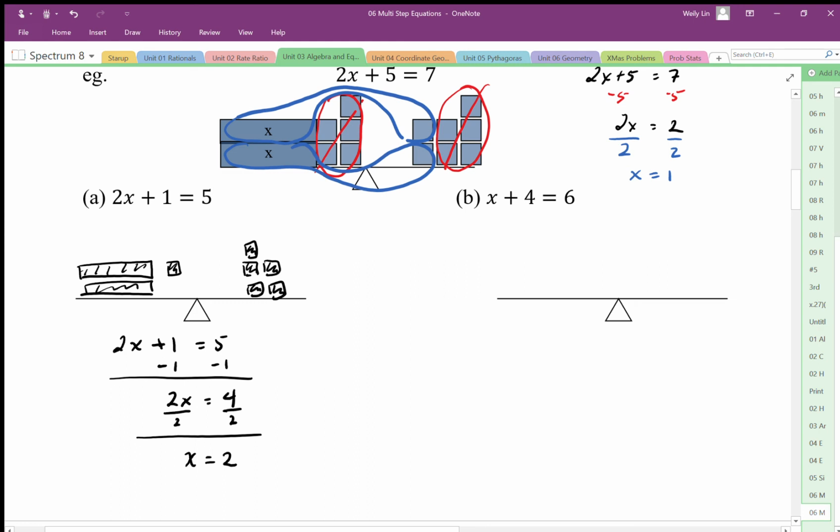So again, show the balance. Sketch me a balance. So I'm going to have 1x. I'm going to have 4 1s. And on this side, I'm going to have 6 1s.